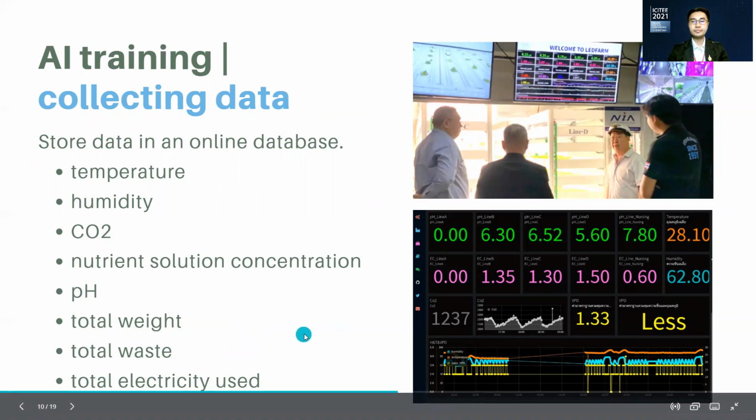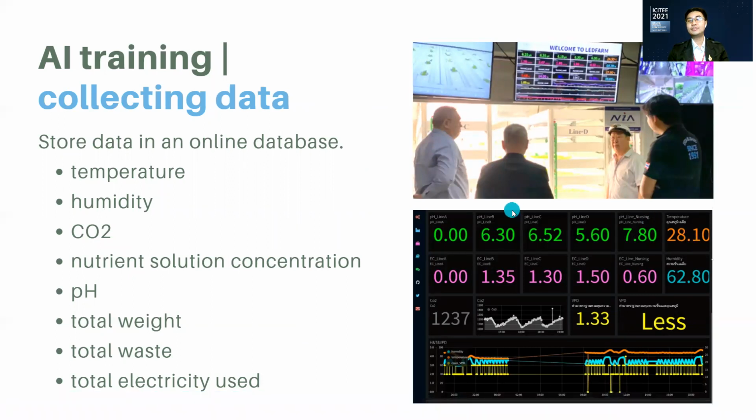In this picture, you can see that outside of the room we have a big LCD to monitor inside the room. You can see the picture of each crop here, and the total room here.